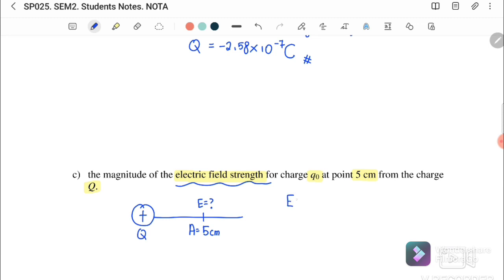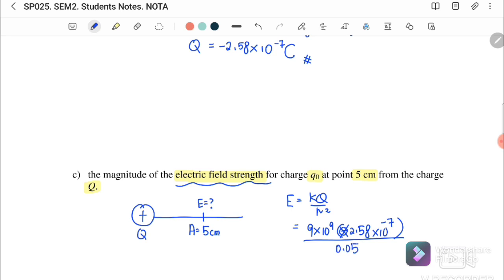The electric field strength E is equal to KQ over R squared, where Q is the point charge. We substitute K is 9 exponent 9, and Q is the point charge we got, negative 2.58 exponent negative 7. Usually we just ignore the negative because this is a vector quantity, so you don't need to substitute the negative.